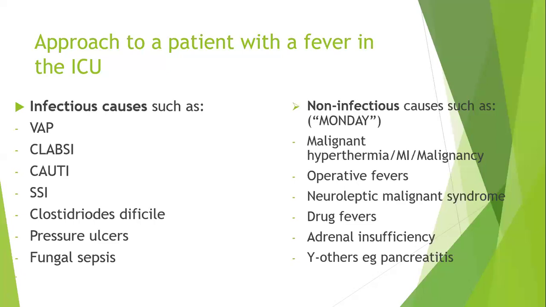The common infectious causes of fever that develop in the ICU: we have ventilator-associated pneumonia, central line-associated bloodstream infection, catheter-associated urinary tract infection, surgical site infection, and Clostridioides difficile. This usually comes with diarrhea. Then pressure ulcers, and then we look at fungal sepsis. These are some of the common infectious causes of fever.